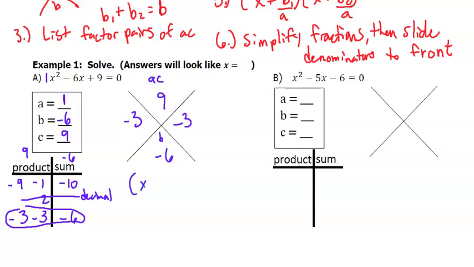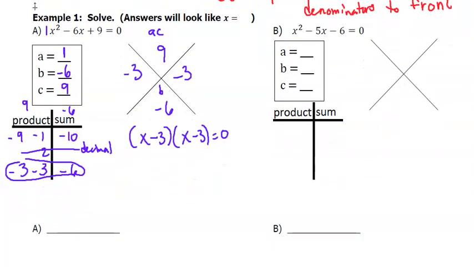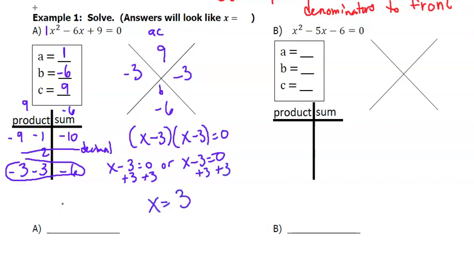And so then we have x minus 3 times x minus 3 equals 0. We're going to set each of these equal to 0 separately, each factor. Add 3, add 3. So x just equals 3. So we have one repeated real root.